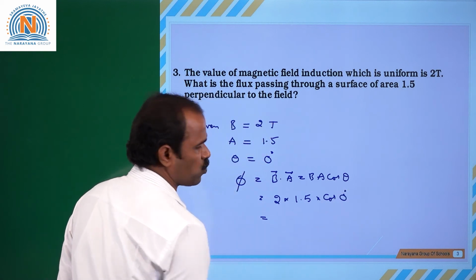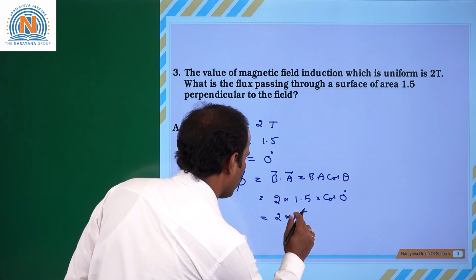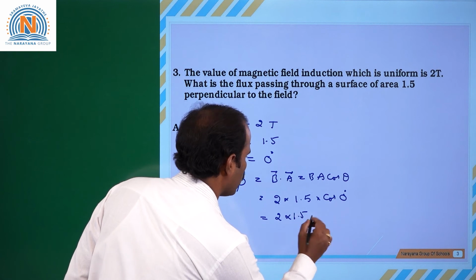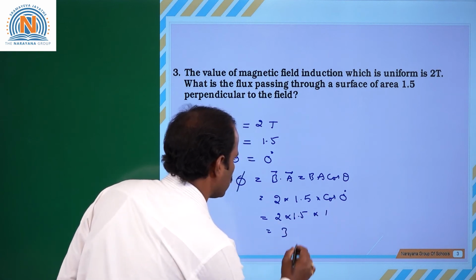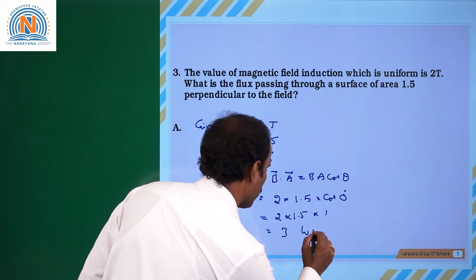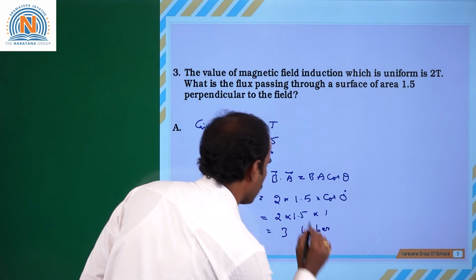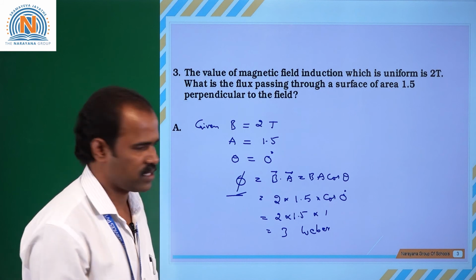Cos 0 degrees value is 1. So 2 into 1.5 into 1 is equal to 3. The unit of magnetic flux is Weber. So 3 Weber is the magnetic flux.